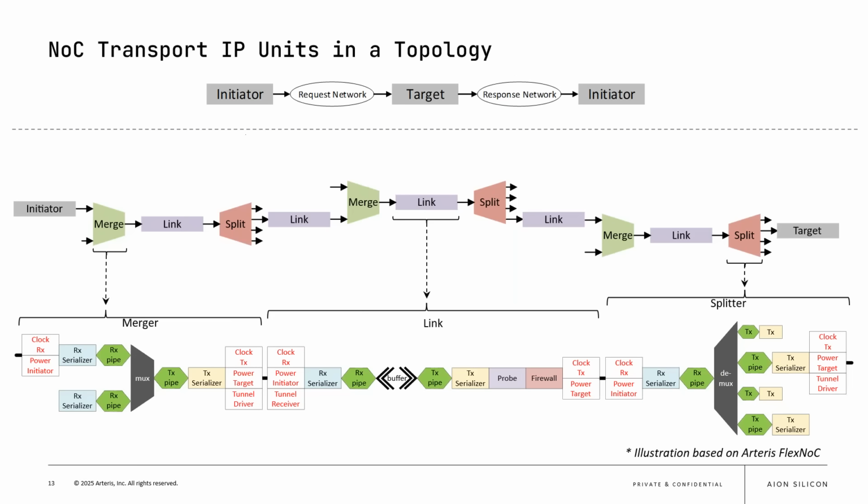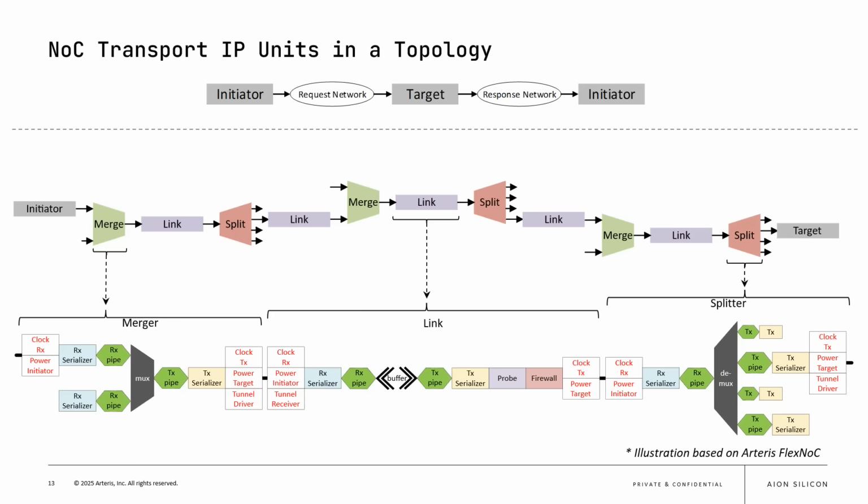And how do all of these IP units come together to form a topology? So the top diagram is showing a high-level view of a network, starting from an initiator bridge, going to a target bridge. The forward path from initiator to target is called the request network. And then you've got a similar symmetrical network called the response network, which is in the opposite direction, going from target back to initiator.